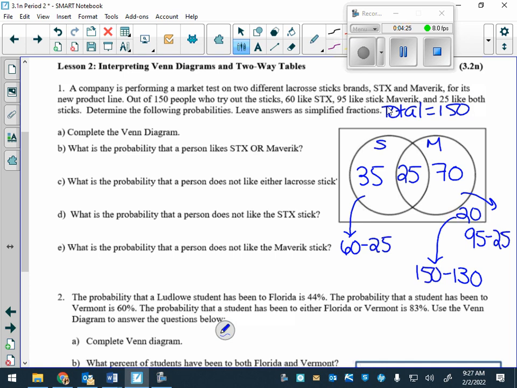Add the 25. So where it says or, and it's asking for probability, you are adding 35 plus 25 plus 70 because it's either this first one or the second one. So you're adding all 3 of those together. Now, since it's probability, this would be over the total. Okay, so we have 130 over 150. 13 over 15.